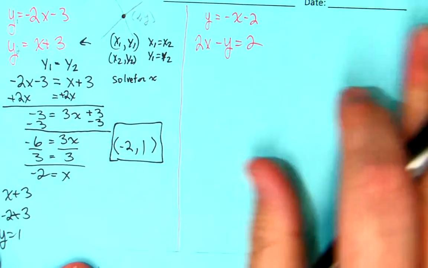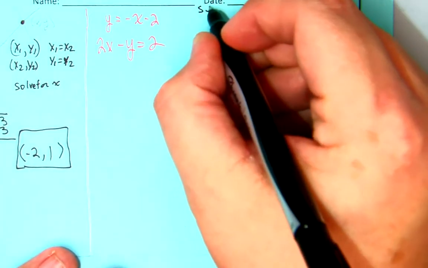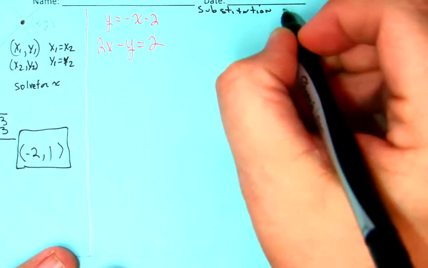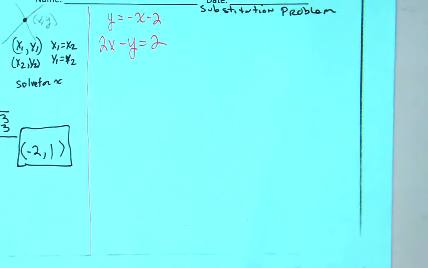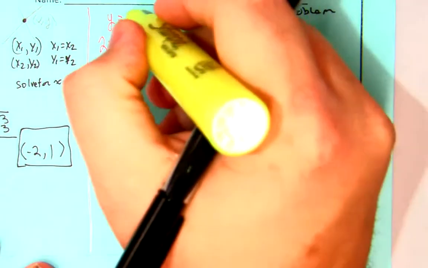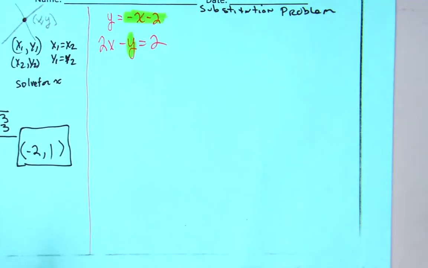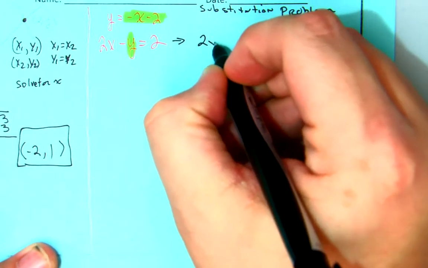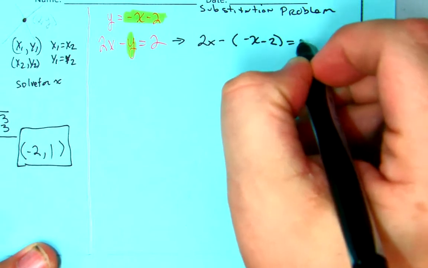The second problem here, I'll scoot it over a little bit, is another substitution problem. Since I know that y is equal to negative x minus 2, and there's a y, I can substitute that value in for y, and what I'll get here is 2x minus negative x minus 2 is equal to 2.